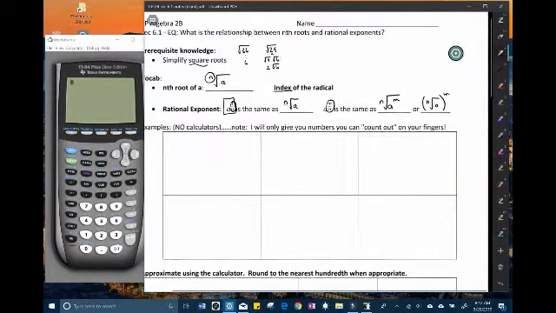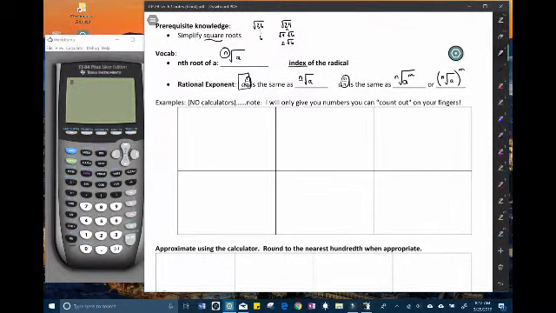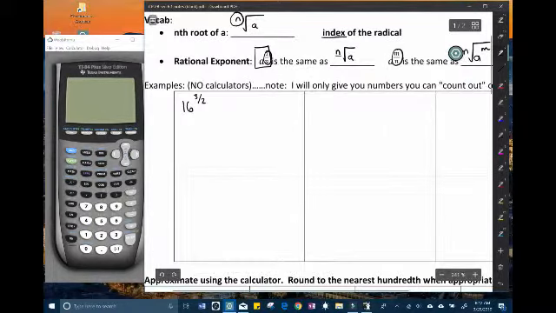Anyway, some examples here. So you will be asked to do these. You should be able to do so with a calculator, but if you use one, that's really okay. But for something like 16 to the 3 halves, how we can rewrite that is it would be the same as, so 2 is going to be our index, and then 16, and then to the 3rd.